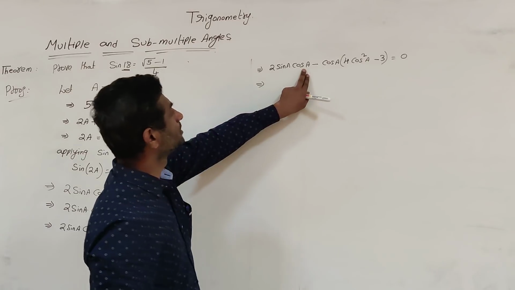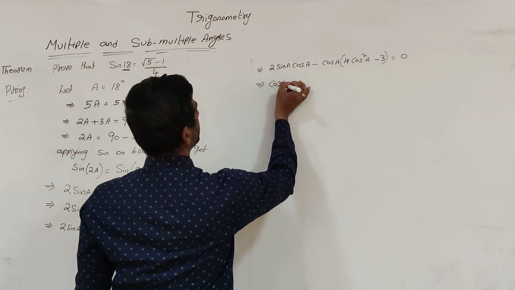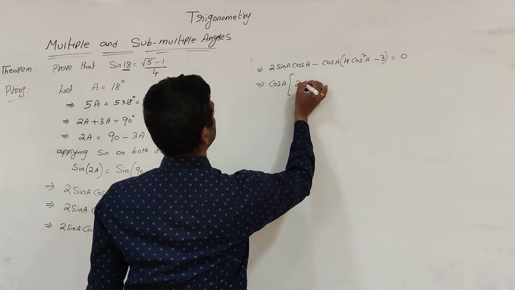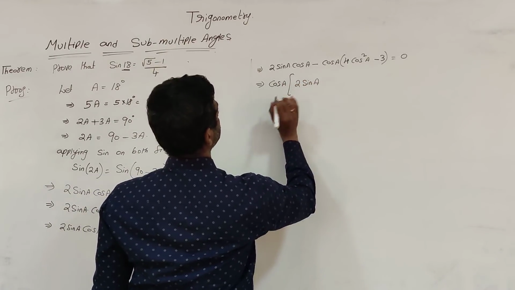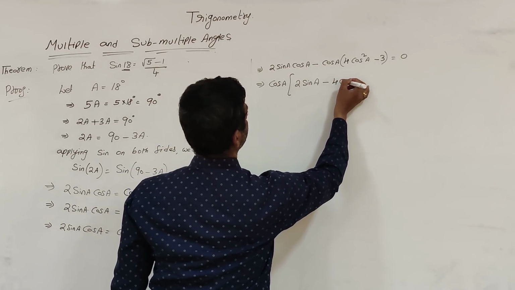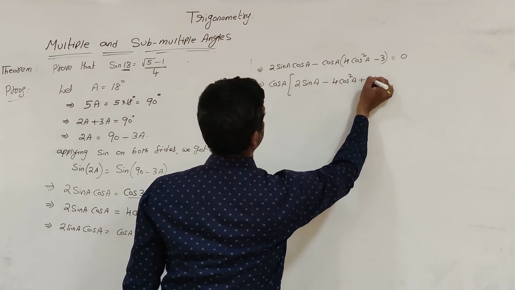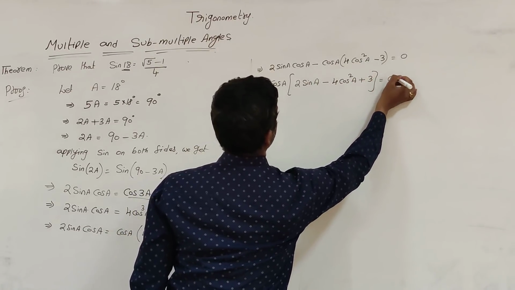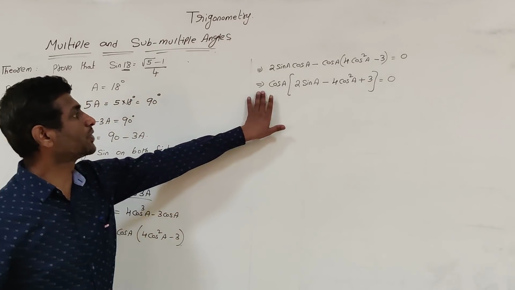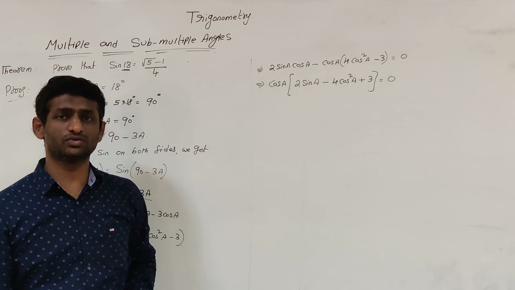And in this, the cos a term is common. If we take cos a common, then it will be 2 sin a minus 4 cos square a, minus into minus becomes plus 3, is equal to 0. The product of two terms is 0, which means any one of them will be 0.